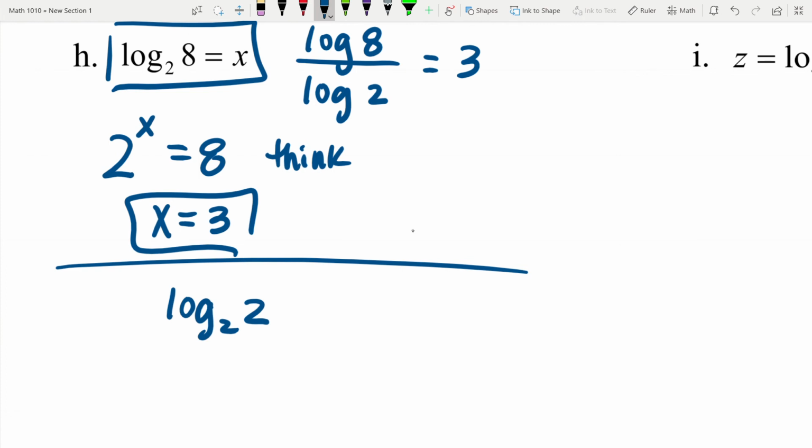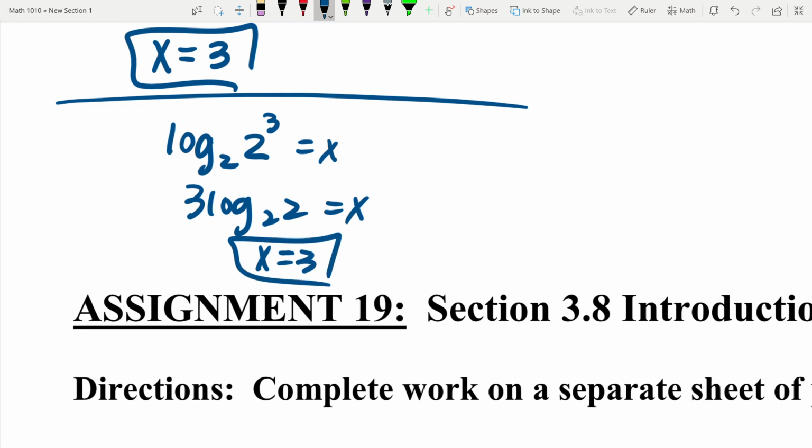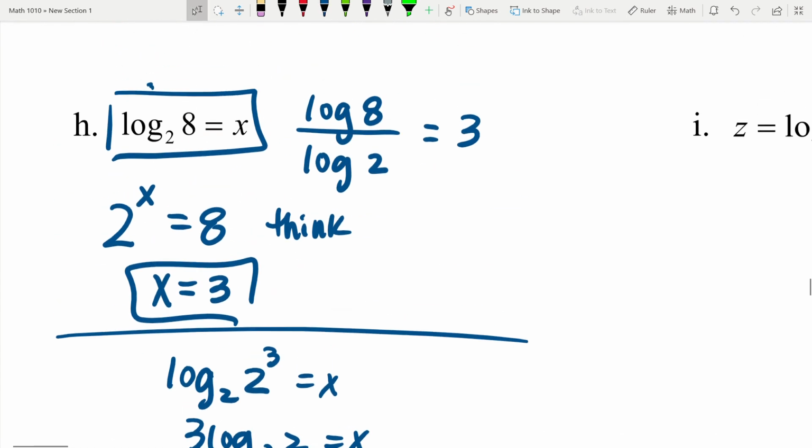So 8, I'm going to write it as a 2 to the, tell me. 2 to the what is 8? 2 to the third. Now what do? Pull my exponents down. So I have 3 times log base 2 of 2. Log base 2 of 2 is a 1. 1 times 3 is 3. That's how I do that problem. Lots of different ways. All 3 of those methods give you the same thing.